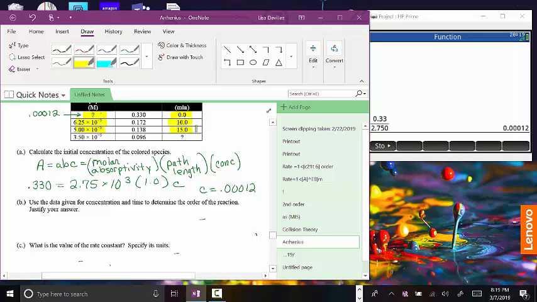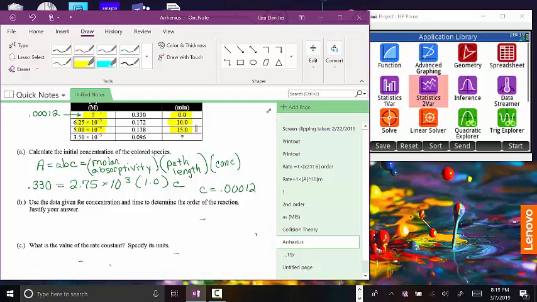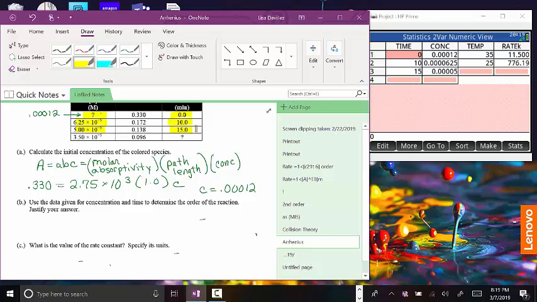So we can do our graph. So we're going to go to our 2 variable statistics and put in the time. We've got the 0, our concentration, the initial 6.25 times 10 to the minus fifth, 5 times 10 to the minus fifth.